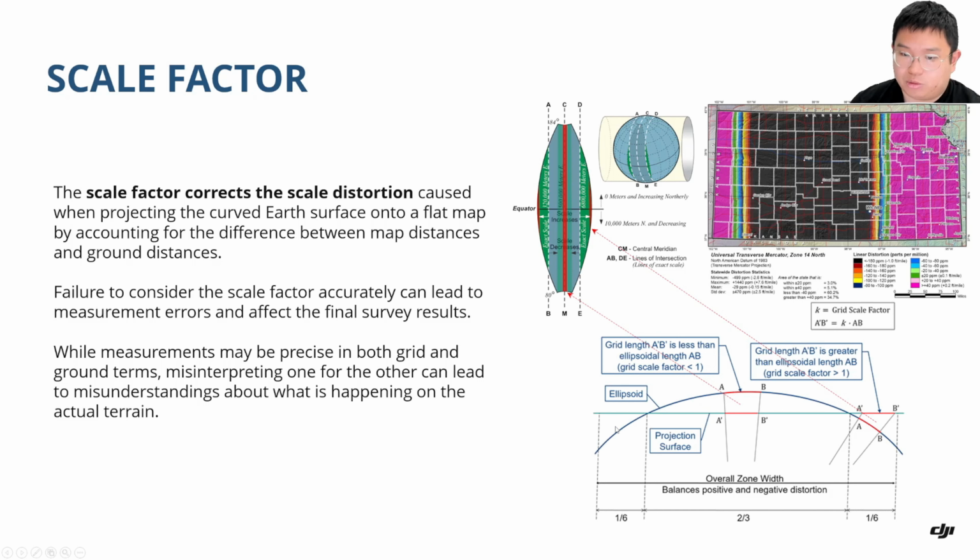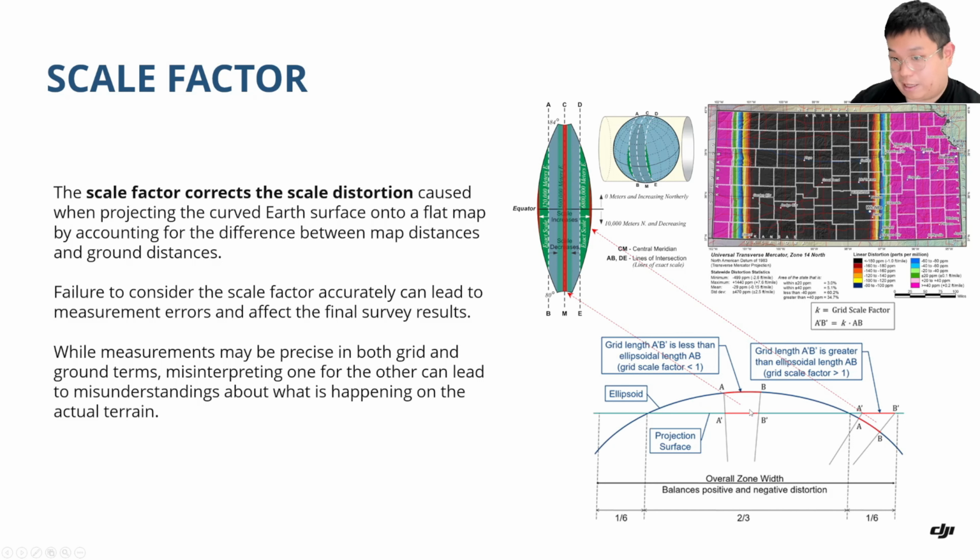But as we move from the west to the east further, let's say we have a measurement over here, which is AB, regardless of the elevation for now, let's have a look at the length of AB compared to AB on the projection surface. You'll notice that the ellipsoid measurement over here is actually longer than the AB measurement on the projection surface.